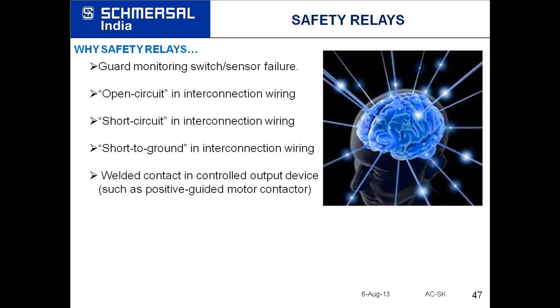It also detects the welded contacts in the contactor or drive which starts the motor. So we have an input which is coming from the contactor part, the output device, also. We will see this when we do the safety circuit design.